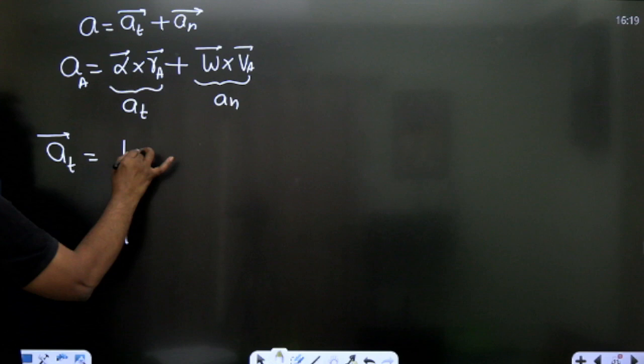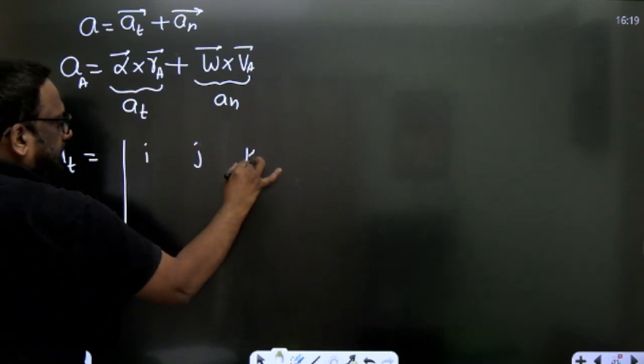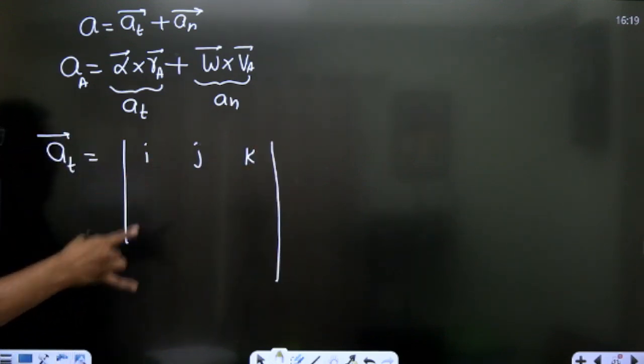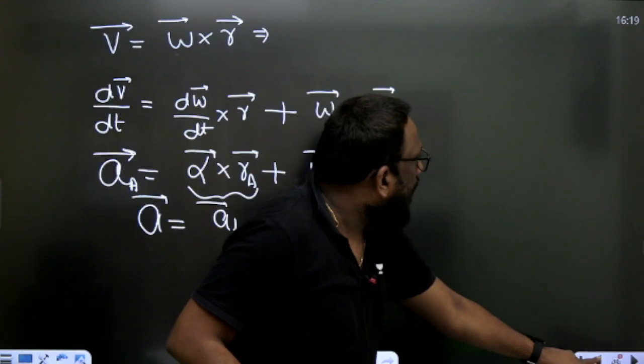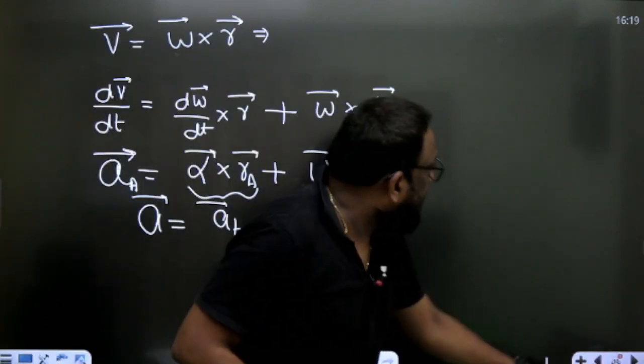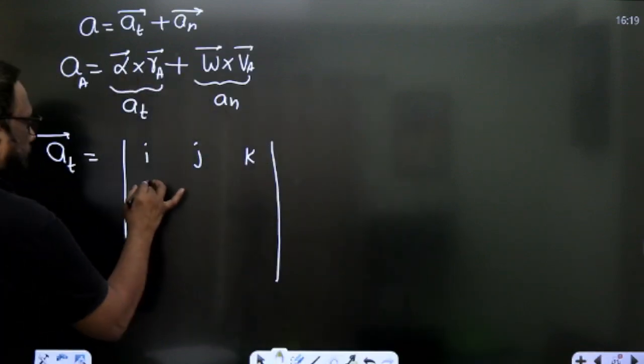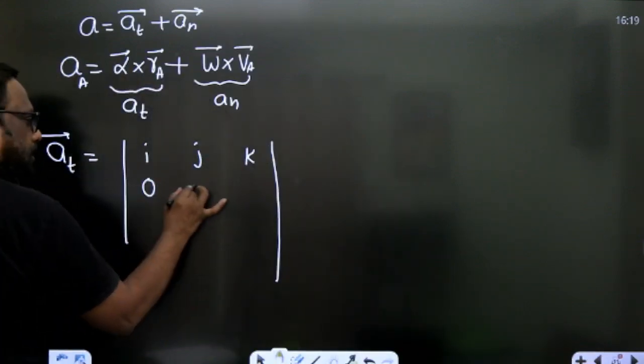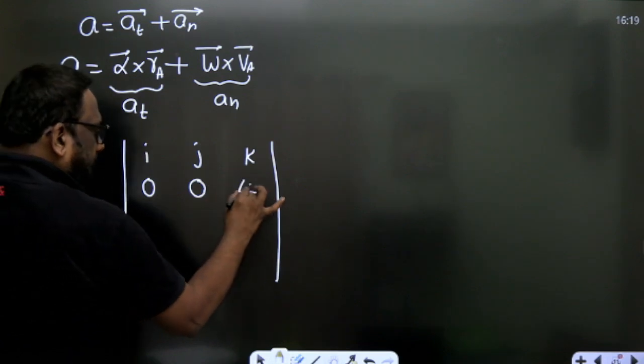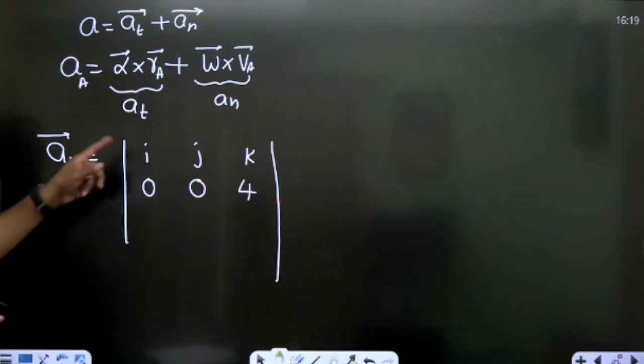Look sir, alpha cross r, i j k. Already alpha is known. Take a look, sir, already alpha is known. Somewhere we have written, what is alpha? 4k. Alpha is 4k. So i is 0, j is 0, it is 4k, because it is counterclockwise.